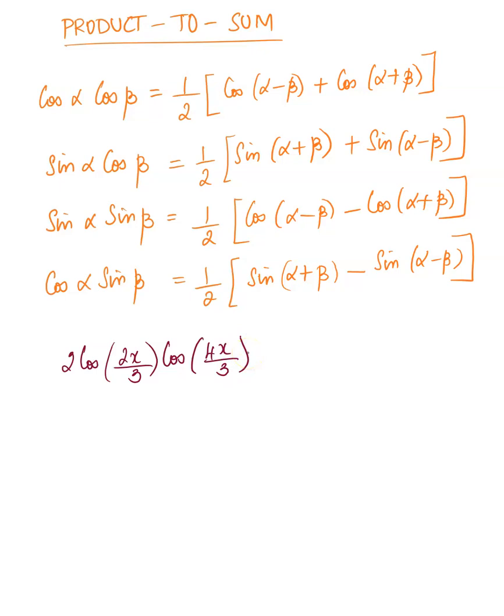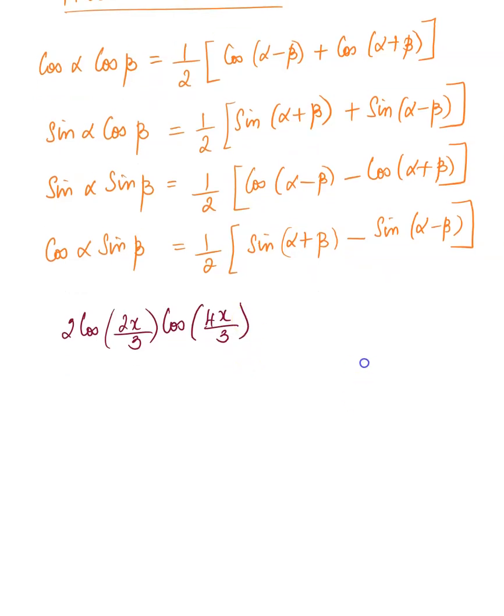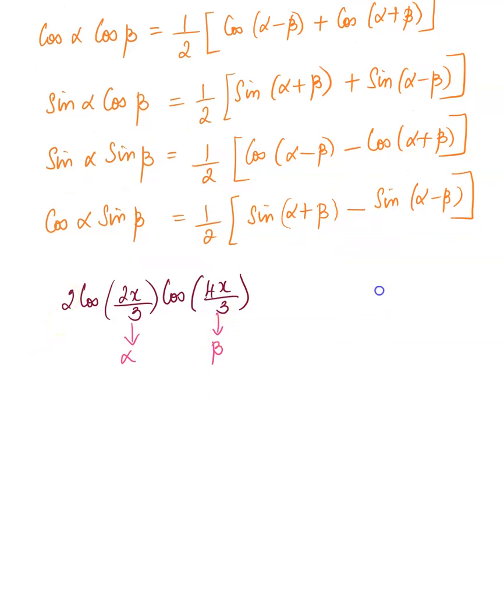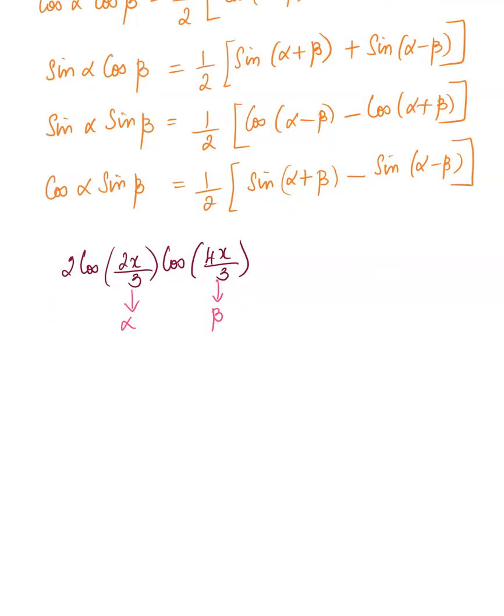So this is given to us as a product. They want us to write this as a sum. Okay. Now you have this as your cosine alpha and beta. And you have a 2 in front of it, so that's okay. Hold on to the 2 and just use the formula for just the cosine alpha cosine beta.